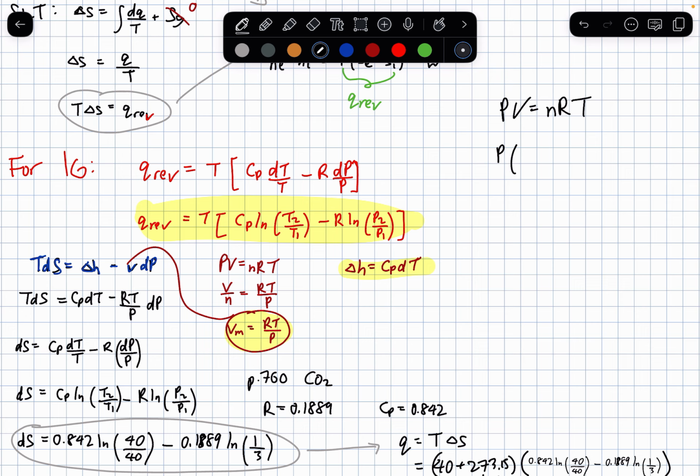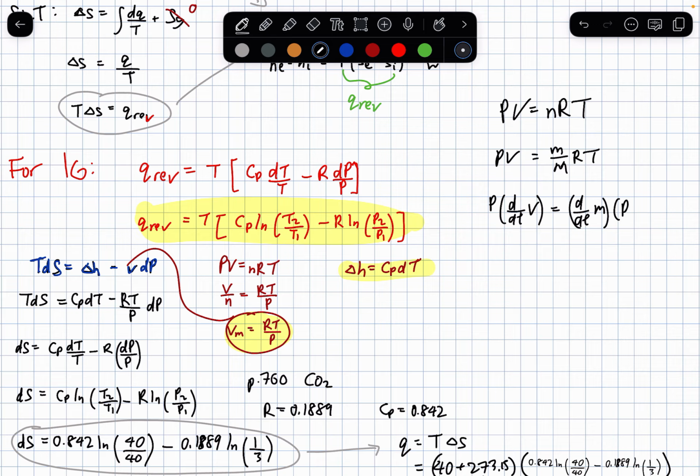PV equals M R T, so P dV/dt equals dM/dt times R specific times T. R specific being R divided by the molar mass. And then mass flow rate equals A times velocity times density, A velocity over specific volume.